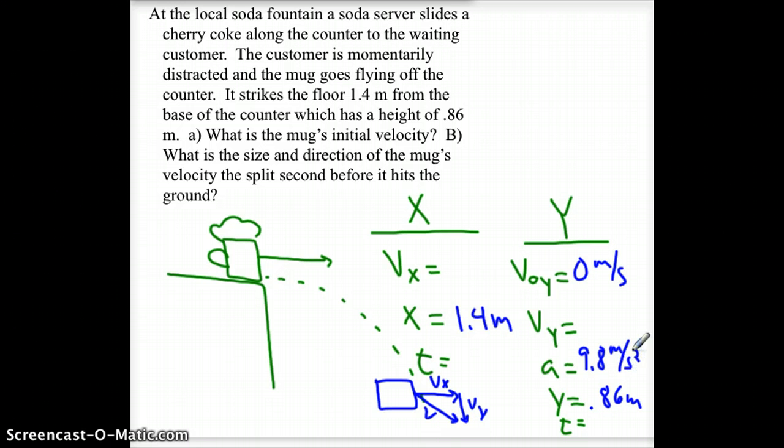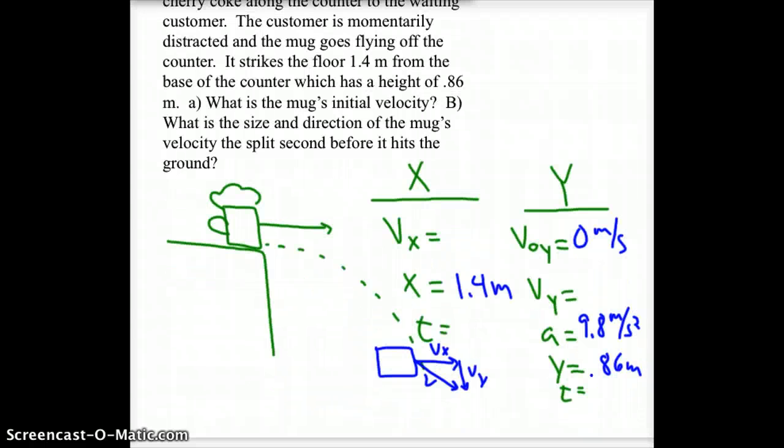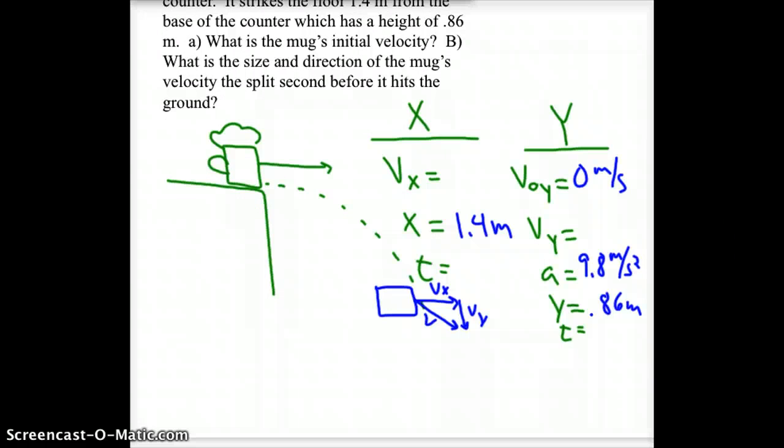So it looks like I have more information in the y direction than the x direction, which is true. The other thing I'd like to point out is however long the mug has to fall down is the amount of time it has to fall over. So the times in this case are the same.